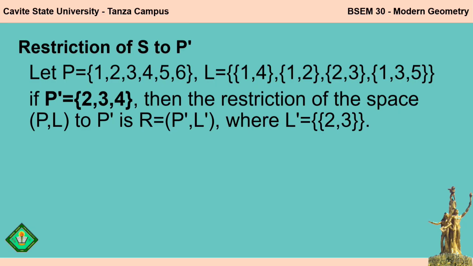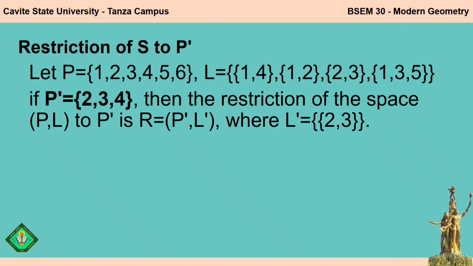To make it simpler, imagine you're playing with a set of points and lines. The points are just labeled as points 1, 2, 3, 4, 5, and 6. And the lines are just groups of points that are connected. For example, in this case, 1, 4 means there's a line going through points 1 and 4. 1, 3, 5 is a line that passes through 1, 3, 5, and so on.